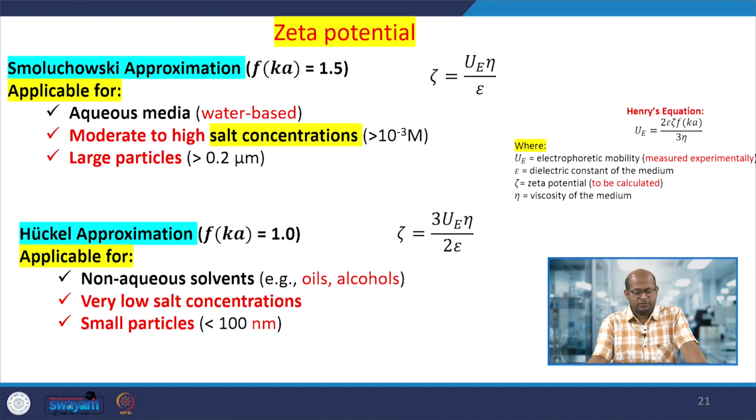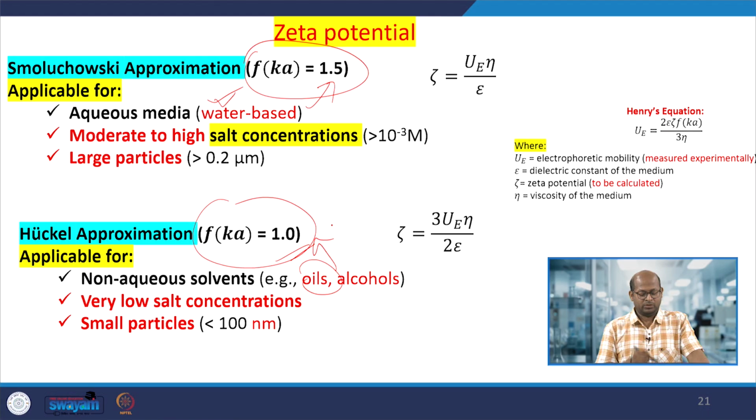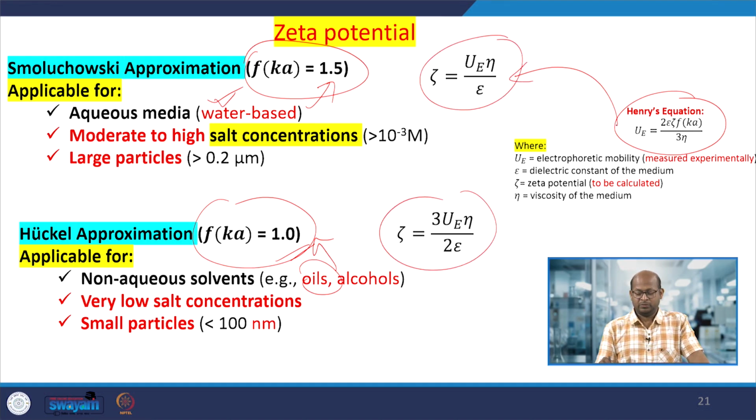So if we use water-based solvents, we put 1.5, and if it is non-aqueous, such as oils, then we put 1. Then Henry's equation changes into this or this, depending on the medium, and we can use either equation to find the zeta potential.